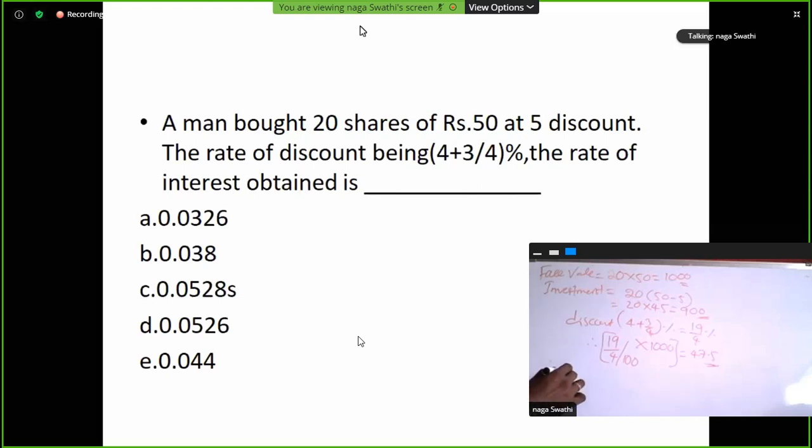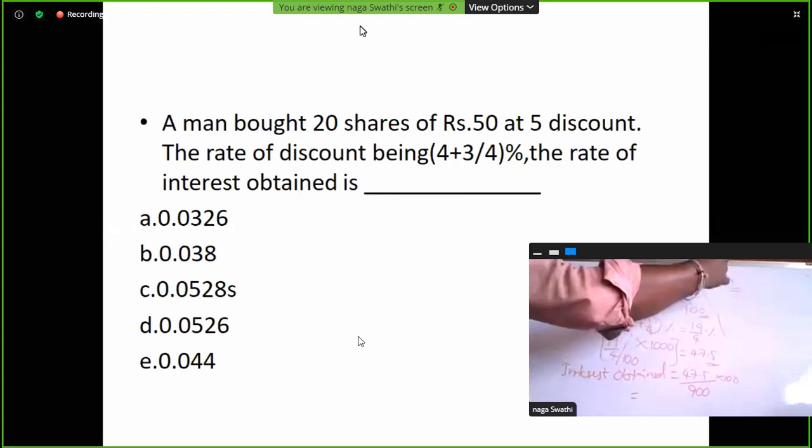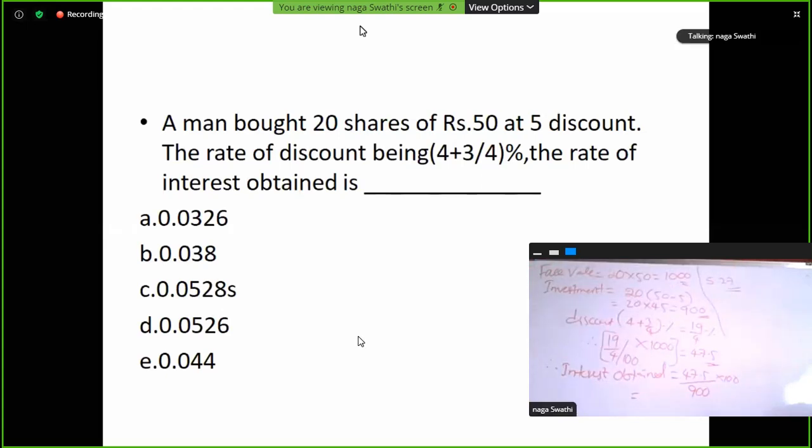Next, interest obtained: 47.5 divided by 900 rupees into 100, that is equal to 5.27. There is no option.